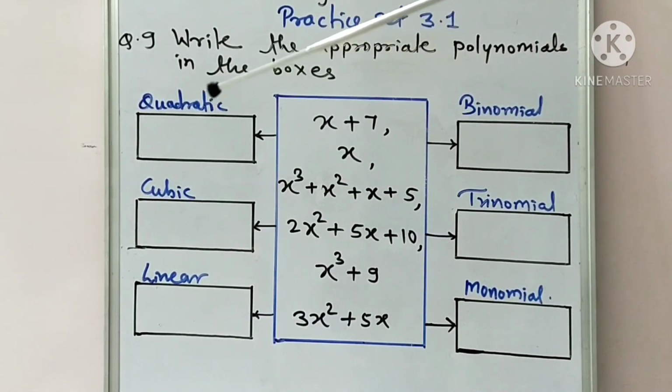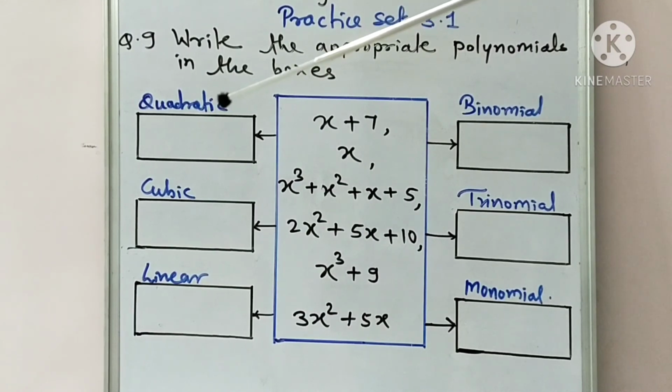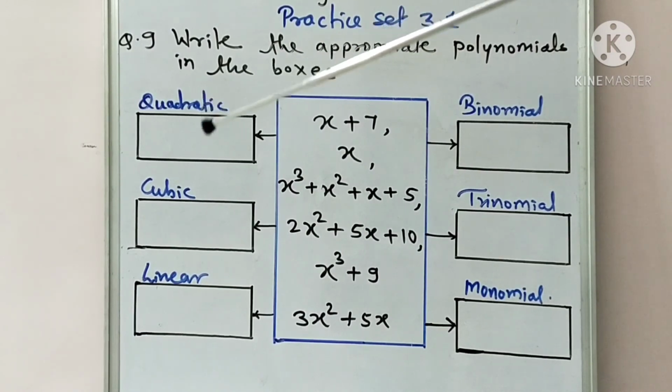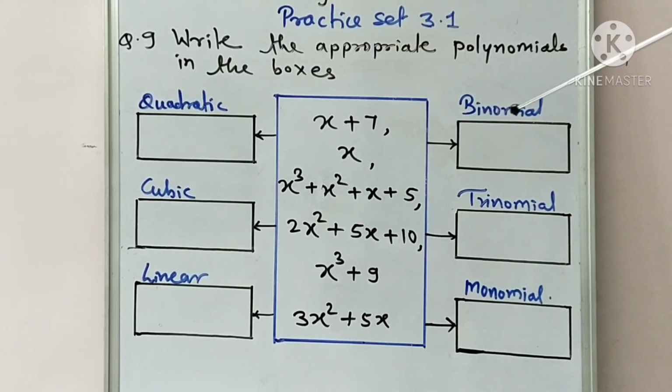The first type is on the degree of the polynomial, and the second type is on the number of terms in the polynomial. According to degree we classify as quadratic, cubic and linear polynomial, and according to terms as binomial, trinomial and monomial.